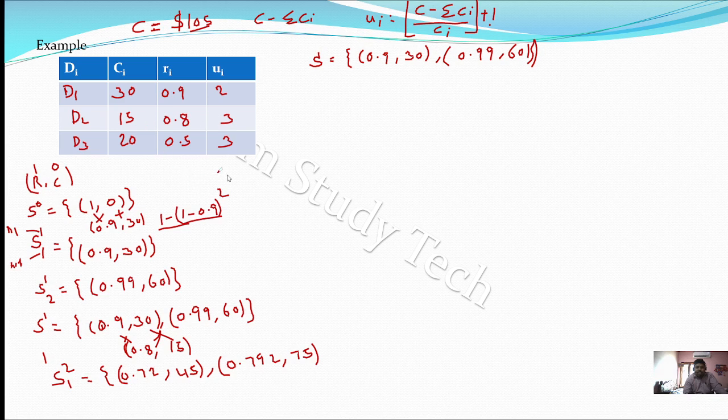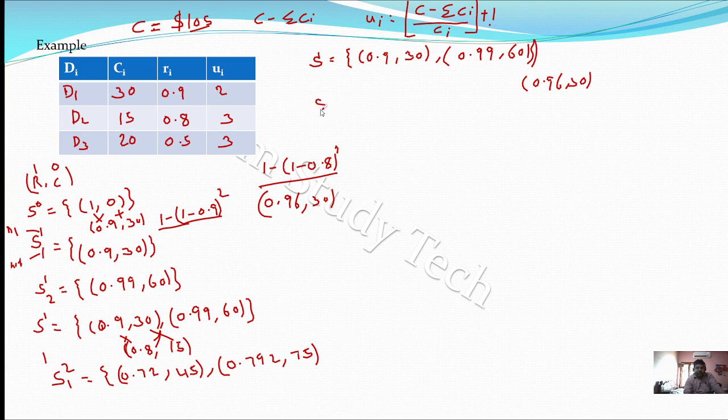One copy has reliability 0.8, so 1 minus (1 minus 0.8) whole square is 0.96. One copy of the device costs $15, so 2 copies cost $30. So I am considering (0.96, 30). Now you multiply 0.9 into 0.96 and add 30 plus 30.